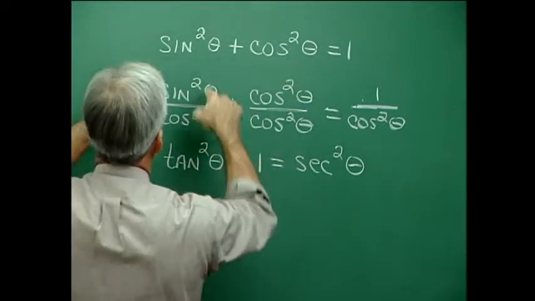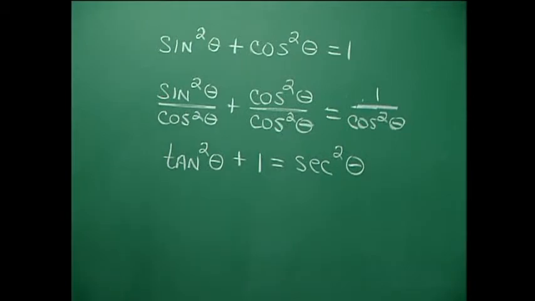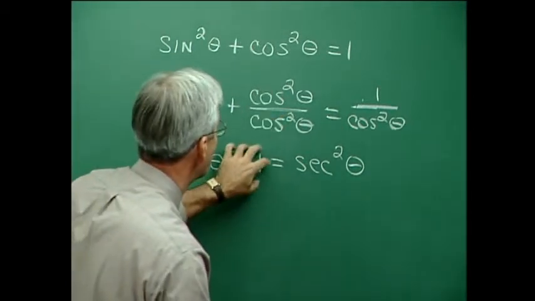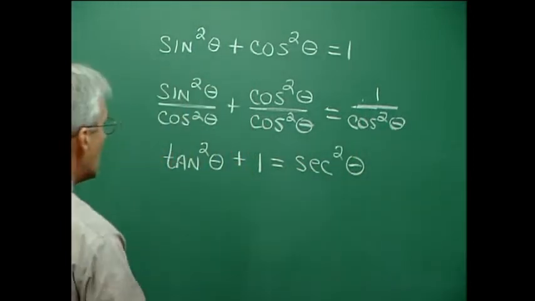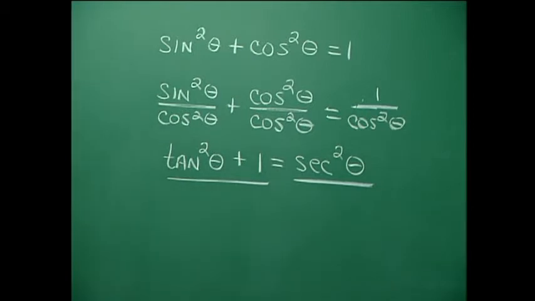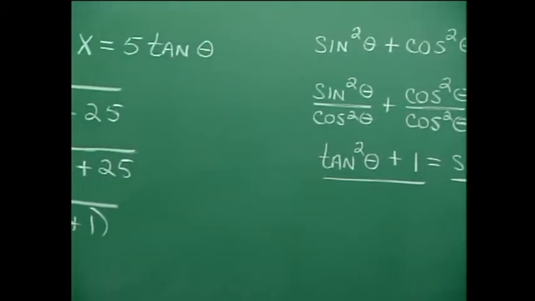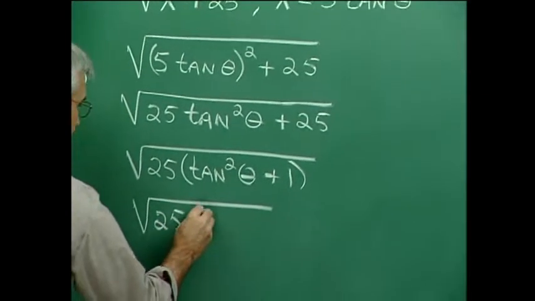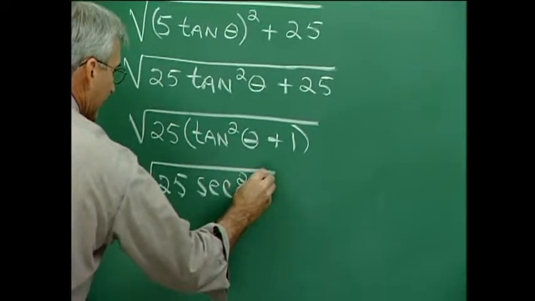So I'll divide throughout by cosine squared theta. Now this becomes the tangent squared theta that I was after, and this becomes 1, and this is secant squared theta. But the tangent squared theta plus 1 is replaceable with the secant squared theta. So I come back here and we replace this with secant squared theta.